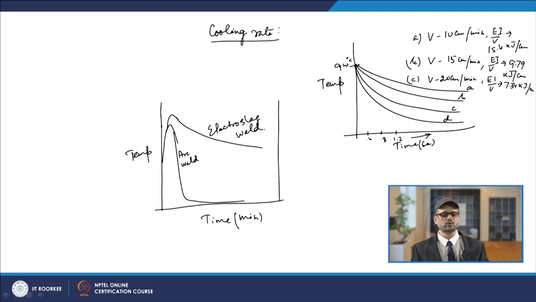Now if you see in this arc weld, the temperature comes down very quickly, whereas here the temperature goes somewhat higher and then comes down very slowly. So the cooling rate in the case of arc weld is quite high, because the slope is quite high as compared to electroslag welding.